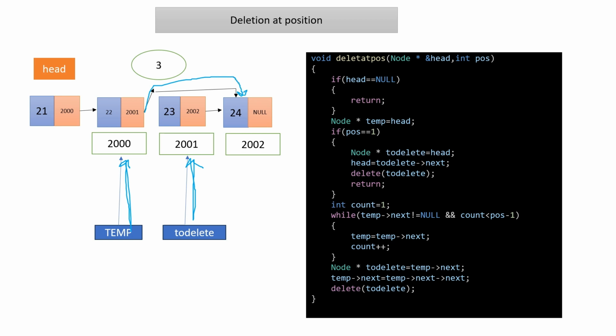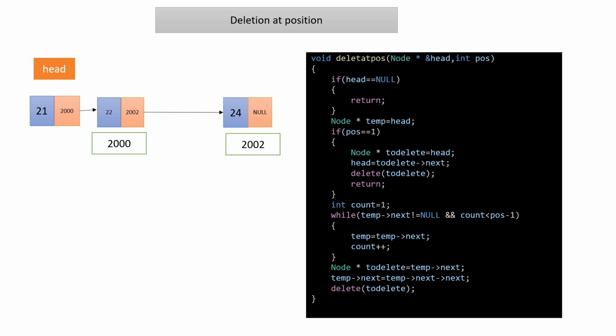So our temp next will contain 2002 over here, and we delete our to delete node, and our linked list looks like that. So that's it about the deletion at position.